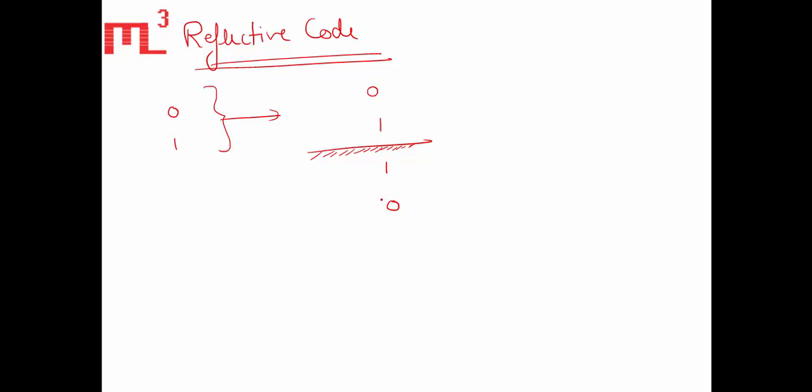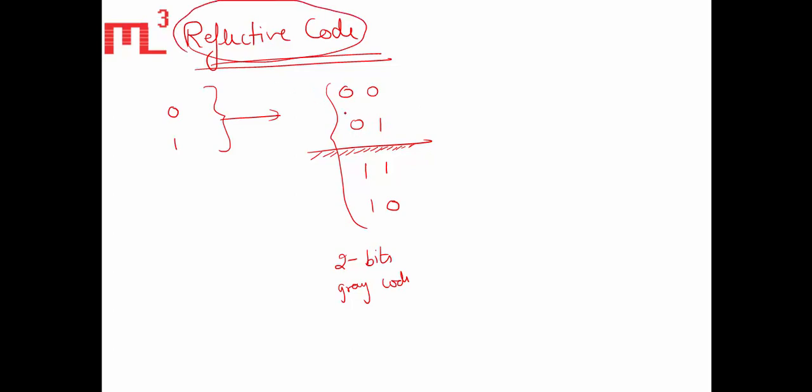So when they get reflected, put 0 0 and then 1 1. So these are the 2-bit gray codes, all possible 2-bit gray codes, and such codes are called reflective codes. This is 0, this is 1, this is 2, this is 3. These are gray codes.